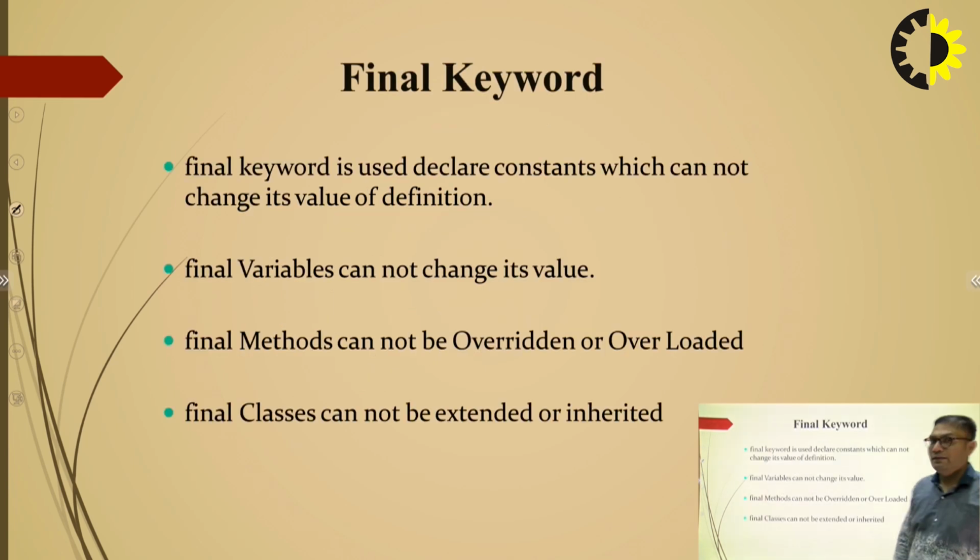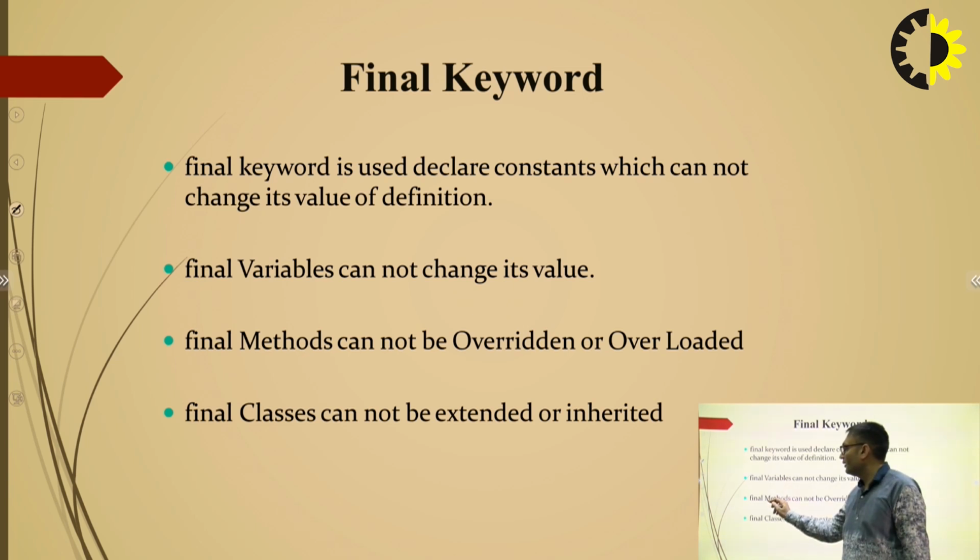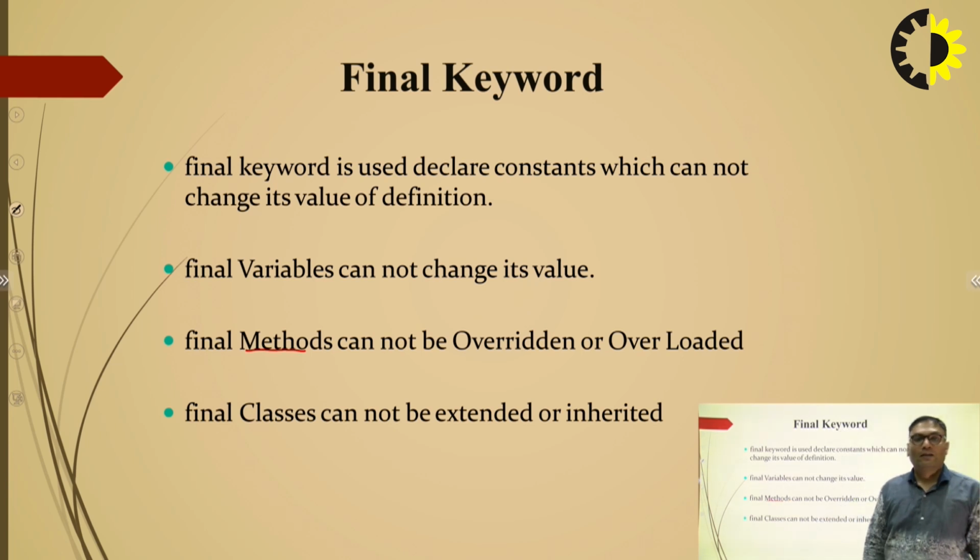Now let's see another keyword called the final keyword. The final keyword is used to declare a variable constant whose value doesn't change. The final keyword can also be applied on methods. If we apply the final keyword on a method, then the method cannot be overridden.